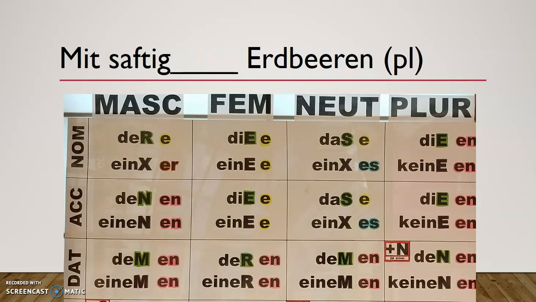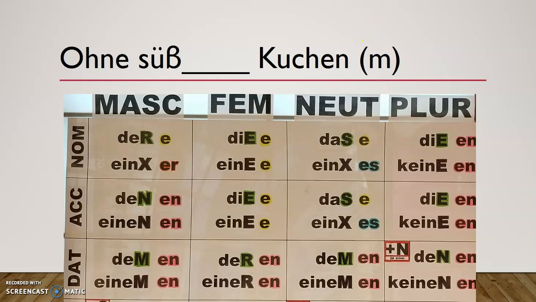Now for this one, we have an unpreceded adjective with the dative case because the preposition mit comes before that adjective and noun. So we have dative, plural, and we're looking here, again, we are not looking at the normal preceded adjective endings, we are looking at our definite article to figure out this ending since it is unpreceded. And we end up getting mit saftigen Erdbeeren. How about this one?